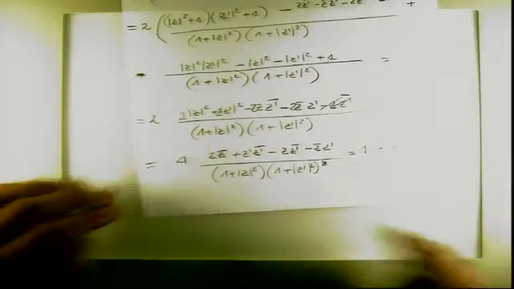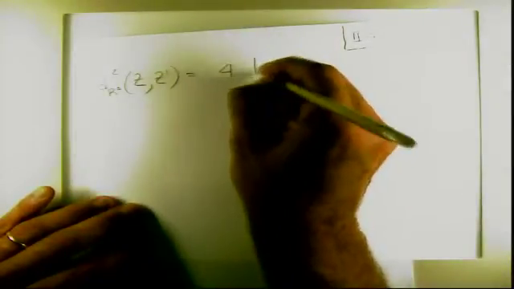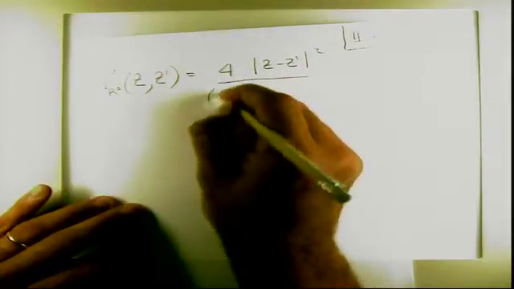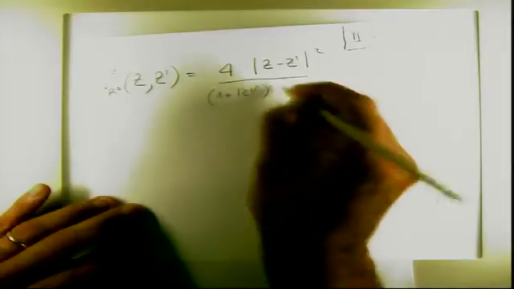So that the final expression is the distance, the square of the distance between z and z prime is 4 times z minus z prime squared over 1 plus modulus z squared.